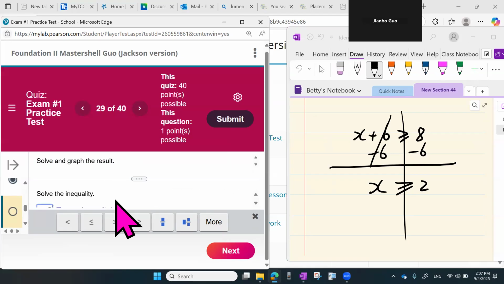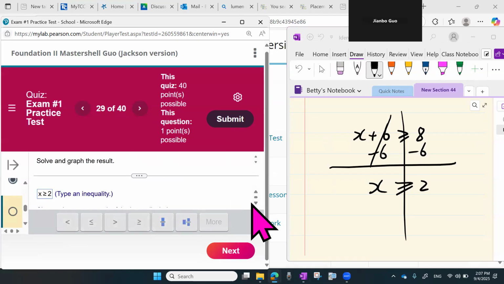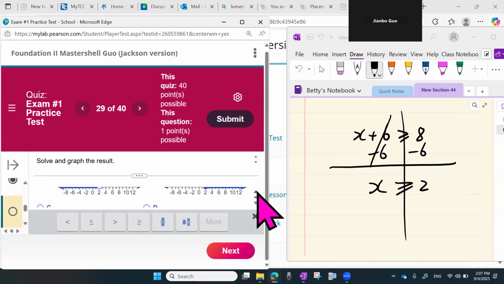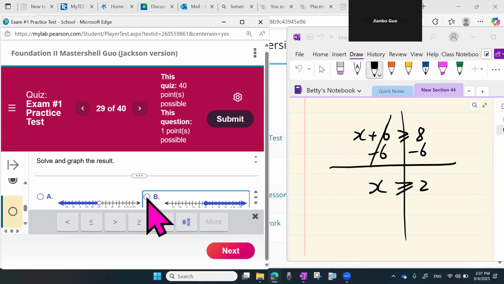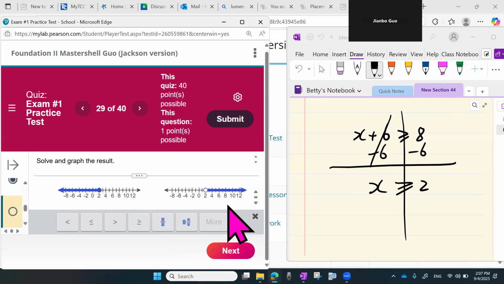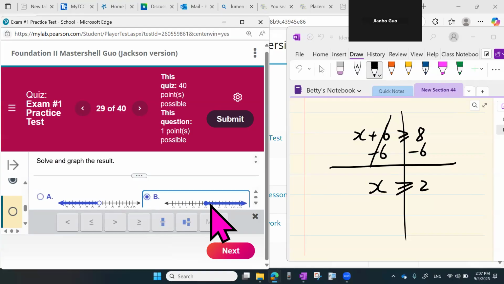X is bigger than or equal to 2. So we should have a solid dot at 2 and to the right. The region would be to the right of the number 2. I think it's B. It's going to be B, okay? To the right, from start with 2 and it goes infinity. And at the 2, we have a solid dot.